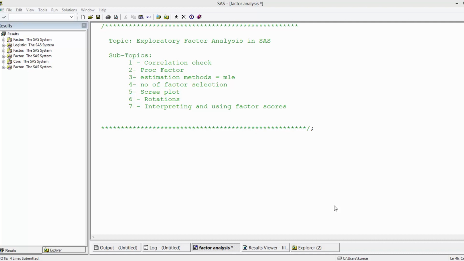I'll also talk about how to use proc factor for doing factor analysis, and also cover the options available with proc factor. Make sure you have gone through my video on factor analysis theory, where I have covered the theory before going to this video.